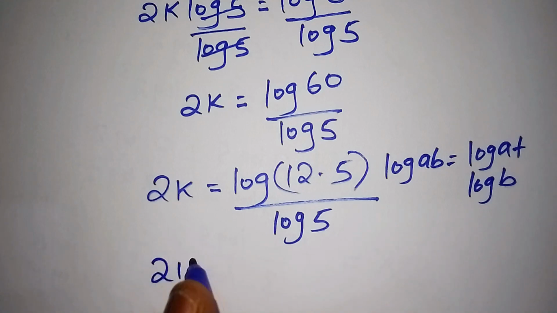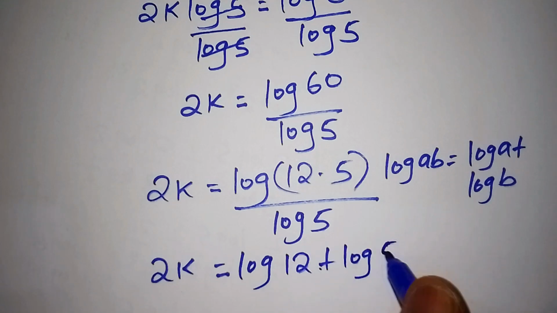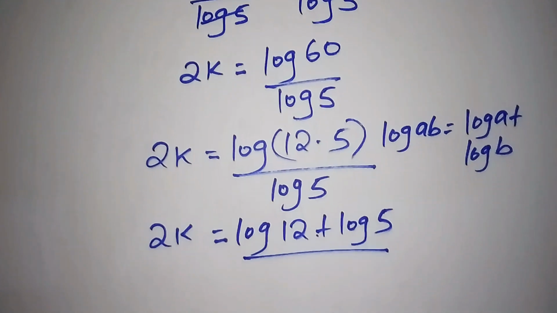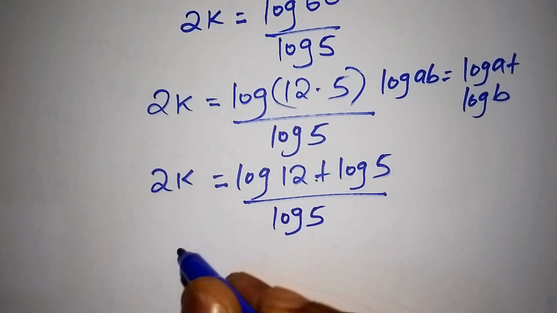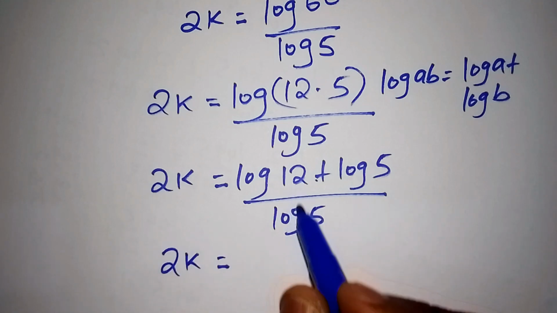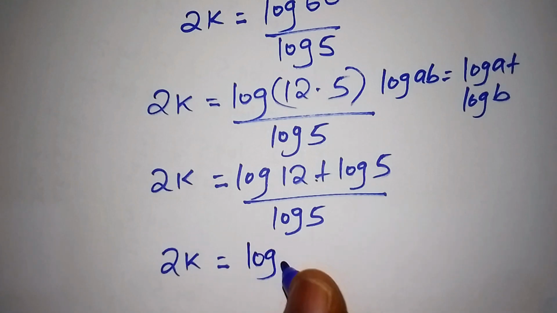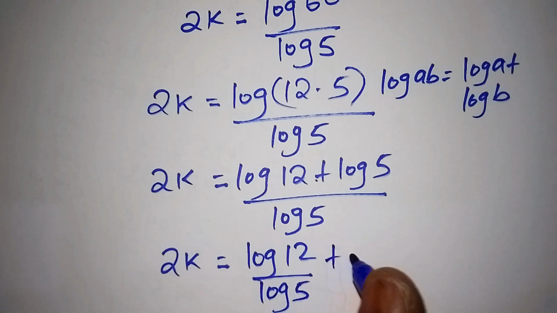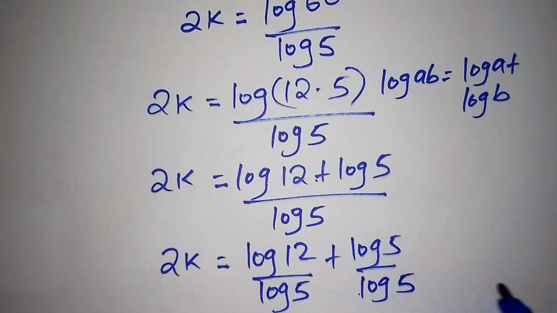So 2k is equal to the log of 12 plus the log of 5, all over the log of 5. Now we divide through by the log of 5, so we have the log of 12 all over the log of 5, plus log 5 all over the log of 5.